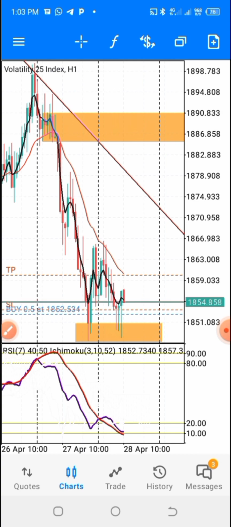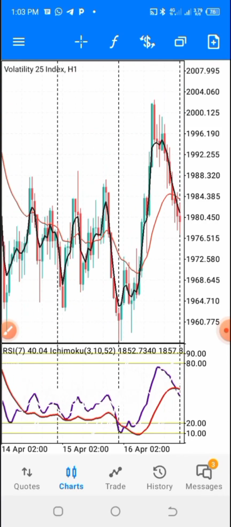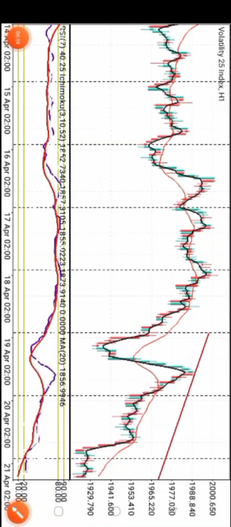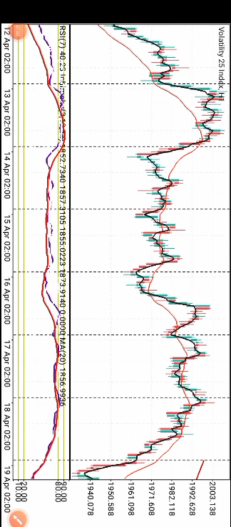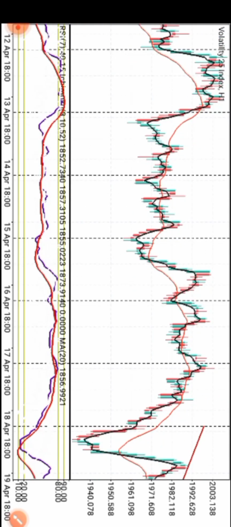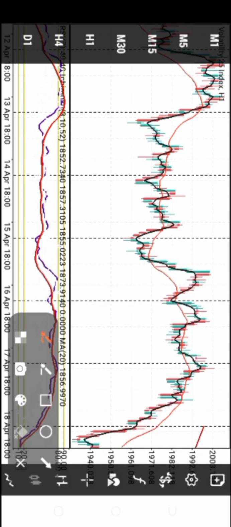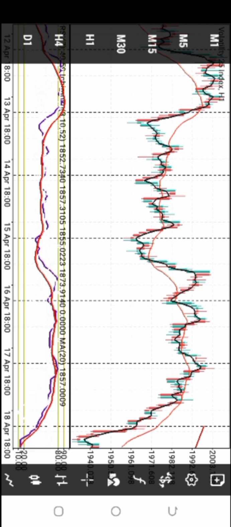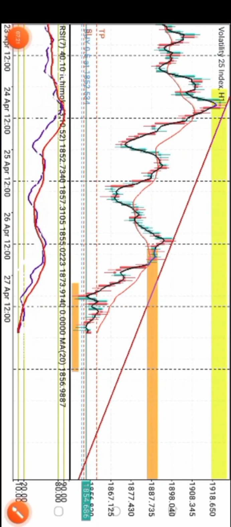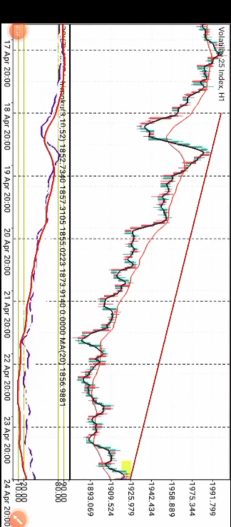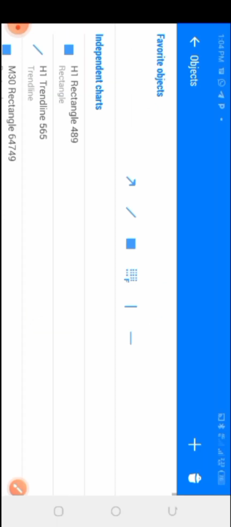All right, so let me show you another good example of the power of three drive. Let me use this one. Look here, the power of three drive I'm talking about. Look here guys. Let me use another one.